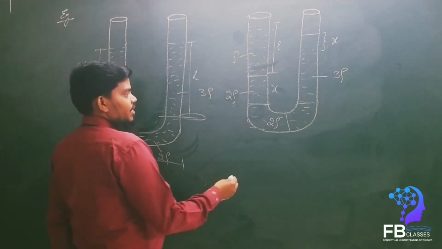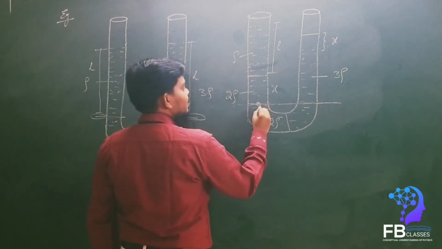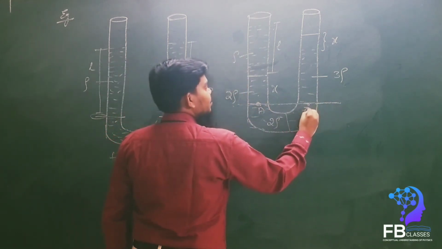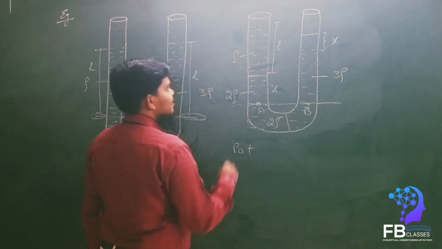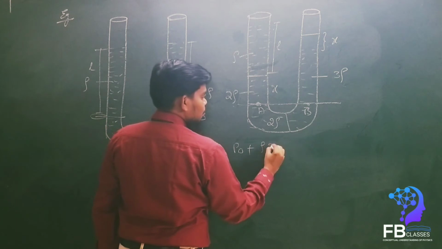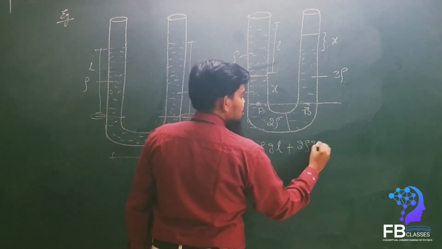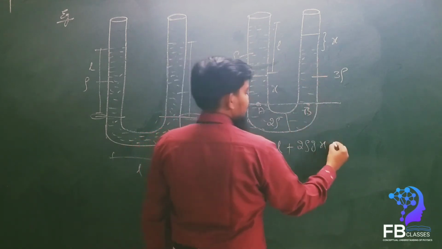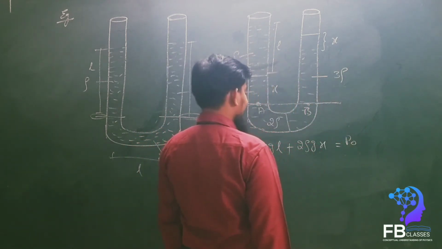Then if you take this horizontal level, let this be point A and this be point B. Then first P naught plus, due to this liquid column, rho g L, plus, due to this, 2 rho g x, is equal to, this side, P naught. Understand?